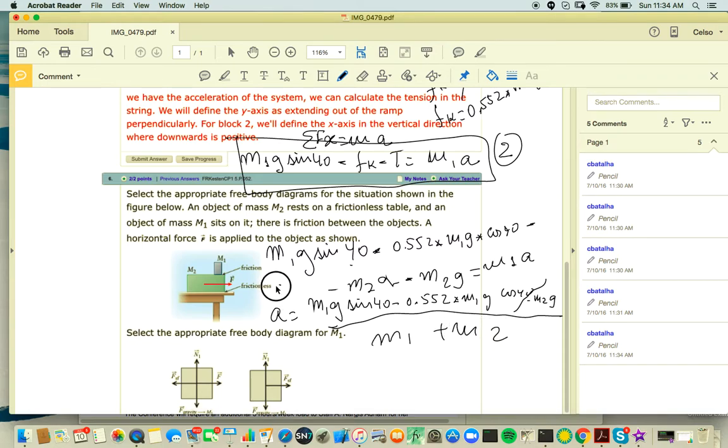I think that's what it is, unless I did some silly thing here, but I think that's what you do. So once you find acceleration, you plug it into either of the two equations, 1 or 2, and you have the problem solved.